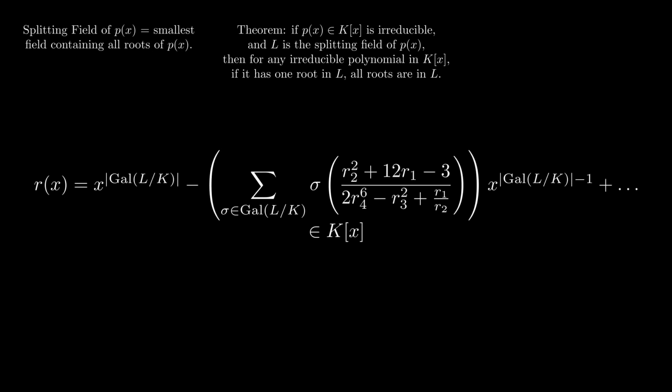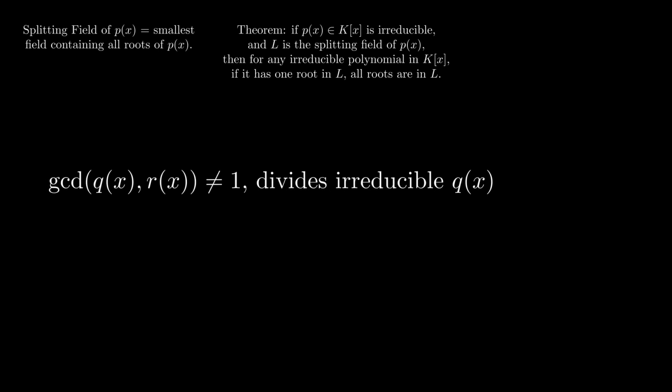Well, we found a polynomial R that has coefficients in K that has our random number as a root. But the important thing about R is that we know all the other roots too. They're all Galois elements applied to the original, so they're all in the splitting field. And so if we take the GCD of R and the original polynomial Q, we know that the answer also has coefficients in K and has at least one root.